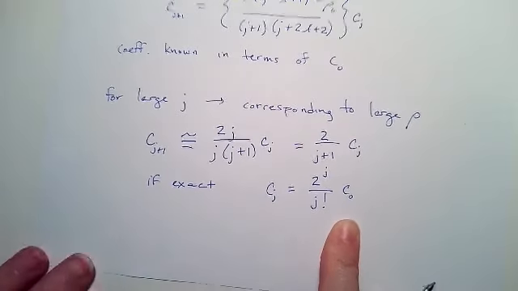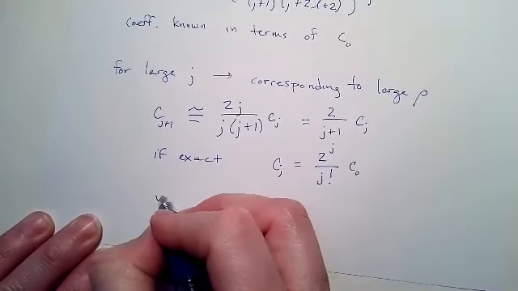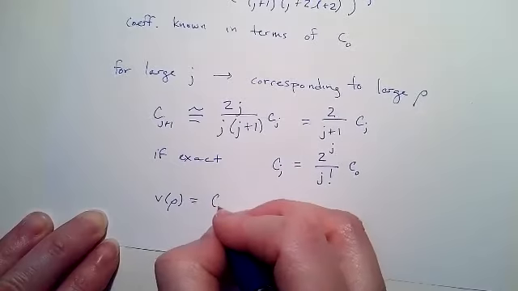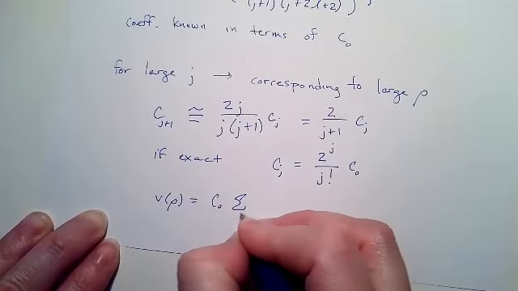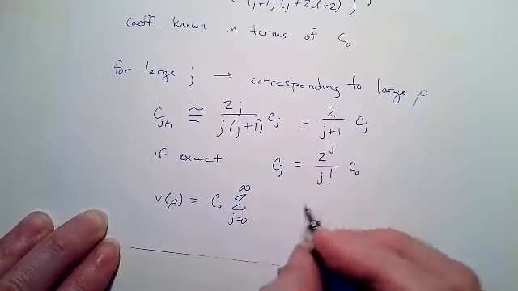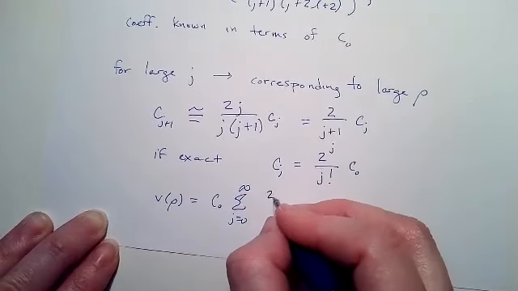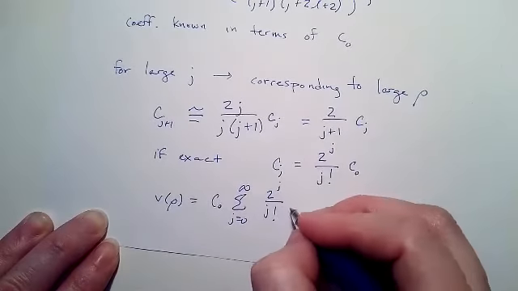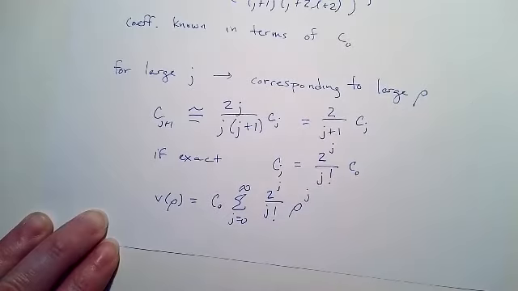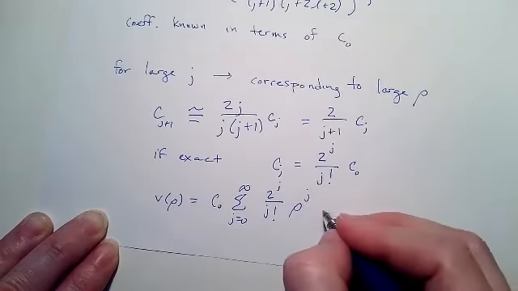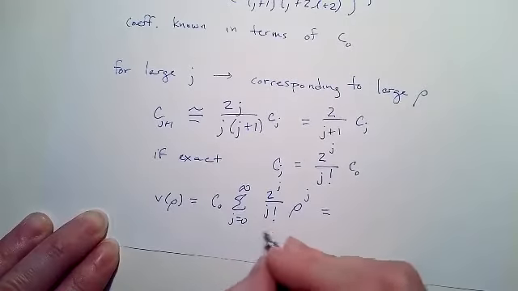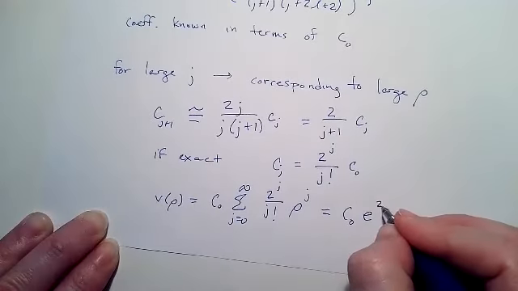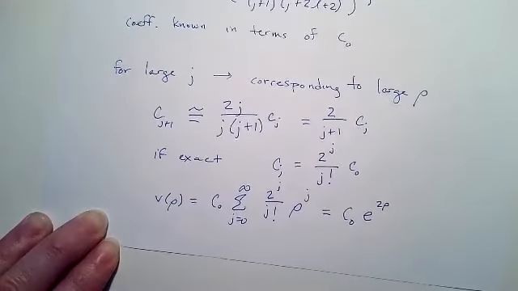So if that were exact, our function that we said we could express in terms of a power series would be C0 times the sum, counting from 0 to infinity, of 2 to the j power over j factorial, rho to the jth power, which you might or might not recognize as giving you e to the 2 rho.